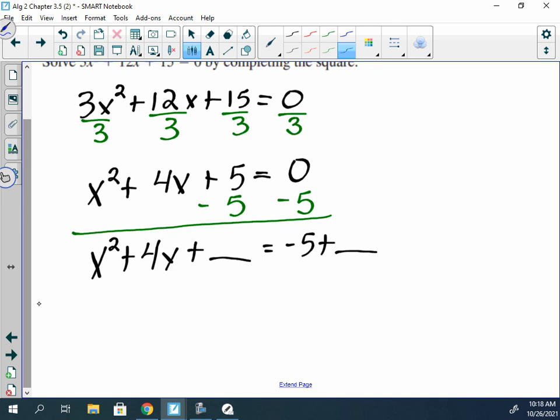Step number 3 was to find what? C. C is our what over what? B over 2, which in this case would be positive 4 over 2 squared. Positive 4 divided by 2 is? 2 squared is?